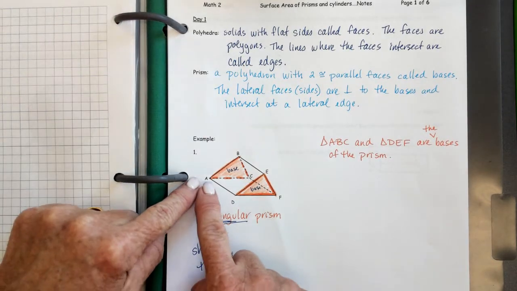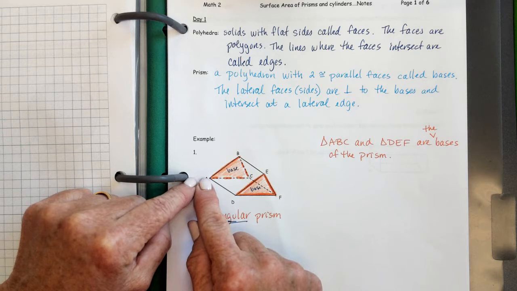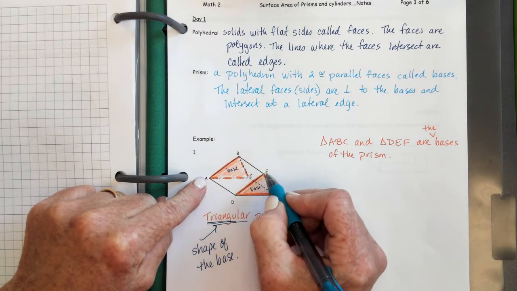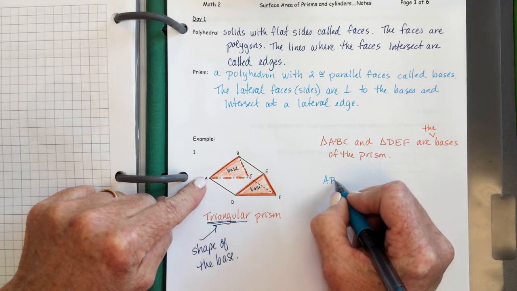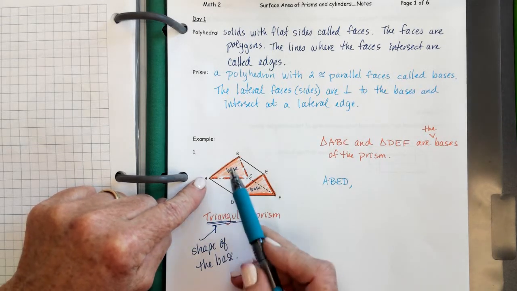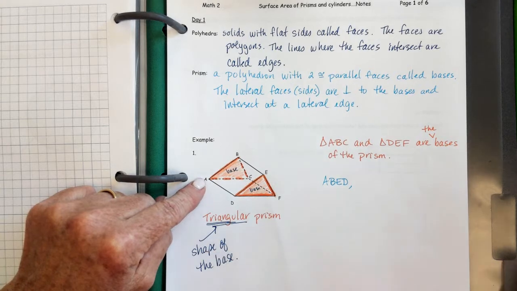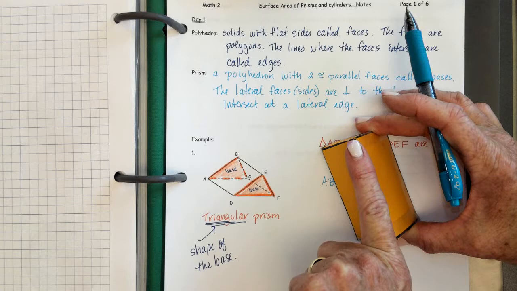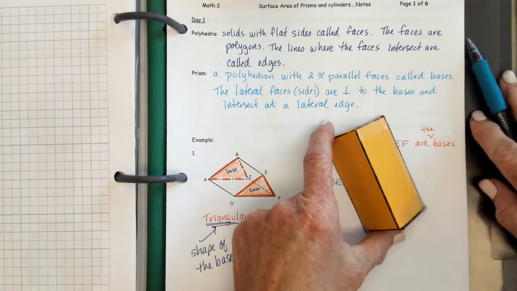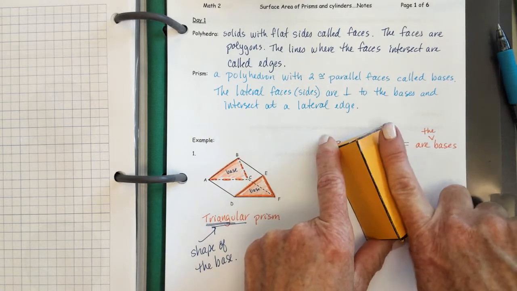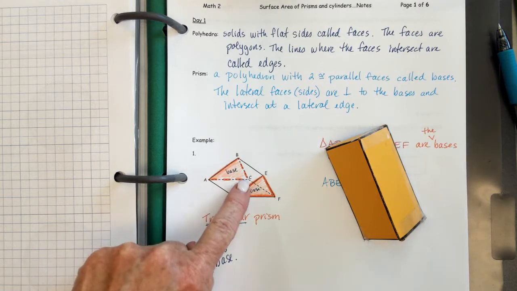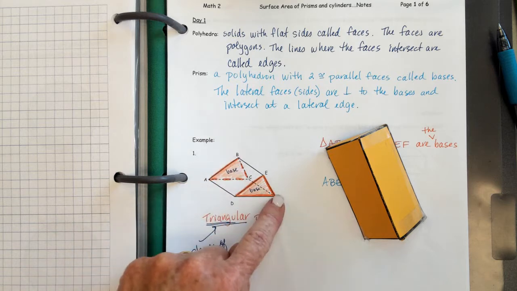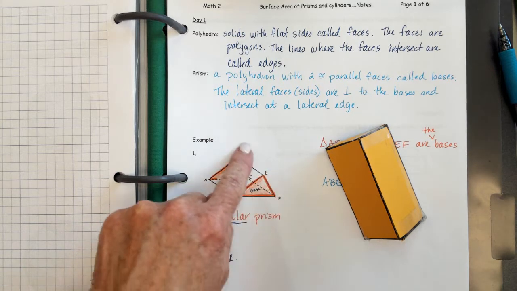Okay, now these rectangles here, A, B, E, D. So rectangle A, B, E, and D. That's a lateral face. That's like this face right here. This face right there, if we look at the diagram, that would be B, C, F, E. Remember, we have to name going around the figure.